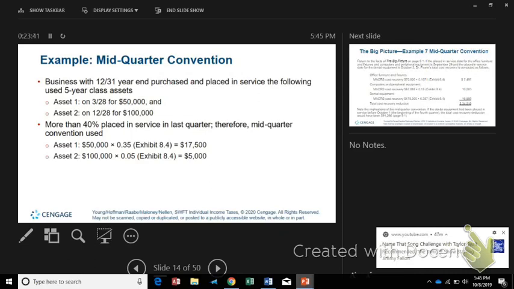So you're going to take 50,000 times 0.35, and then you bought 100,000 in the fourth quarter. So you're going to multiply it times 0.05. Right? And the answer would be 17,500, sorry, and 5,000.